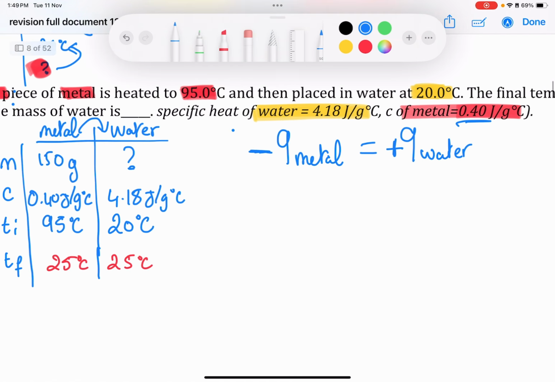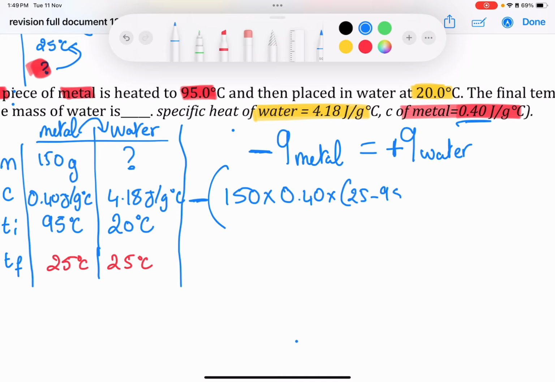So let's start to substitute. Mass of the metal, 150. First, there is a minus here. 150 multiplied by C, delta T, which is T final minus T initial. That is for the metal. Now, equal.